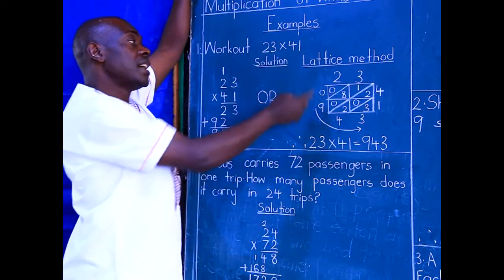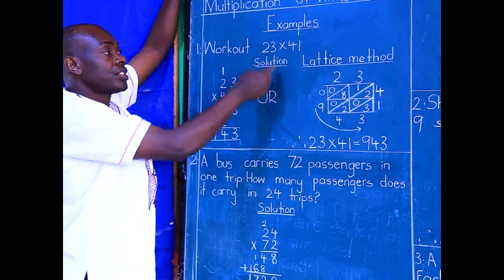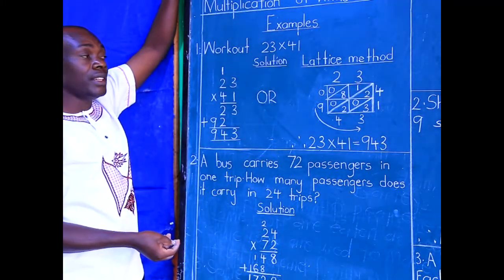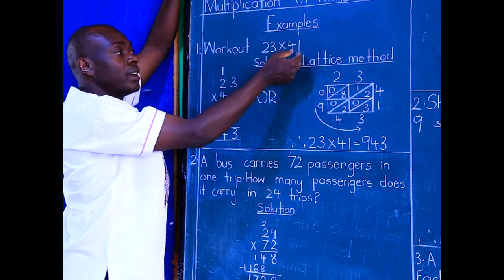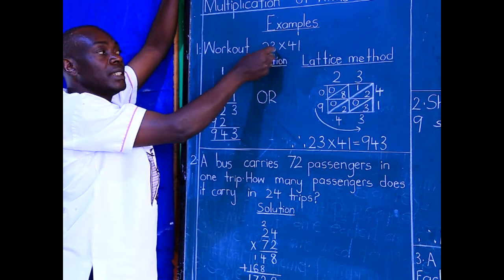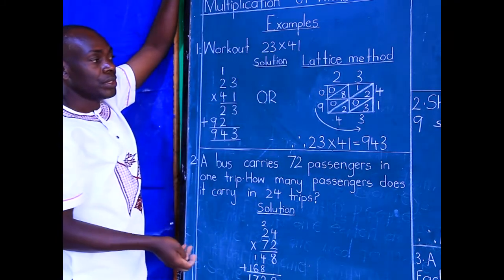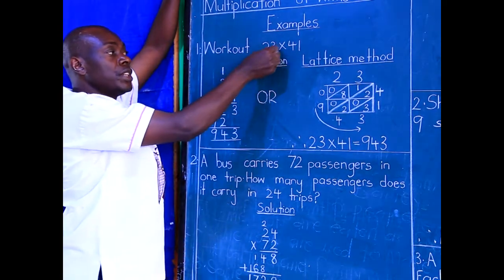Now we are using the lattice method of multiplication. We consider this 23 times 41 like it is here. We look at the digits involved: 2, 3, then 4, 1. So we are multiplying a 2-digit numeral by a 2-digit numeral.